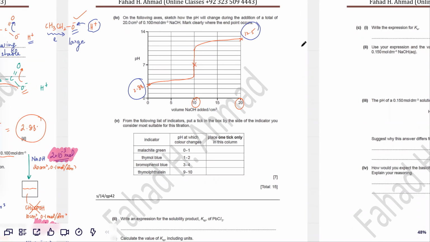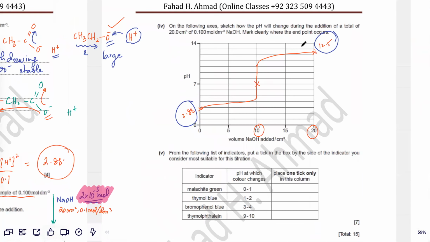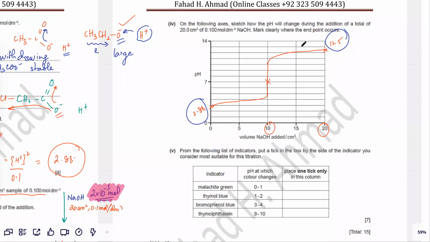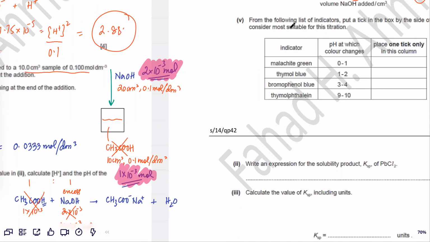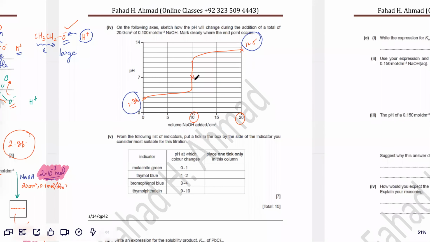And you have to choose an indicator for this titration. Now, the indicator is that you shouldn't have added more NaOH. Once 10 cm cube was added, you should have stopped adding NaOH. So the indicator is going to help you figure that out. The indicator should change color when this pH is crossed.